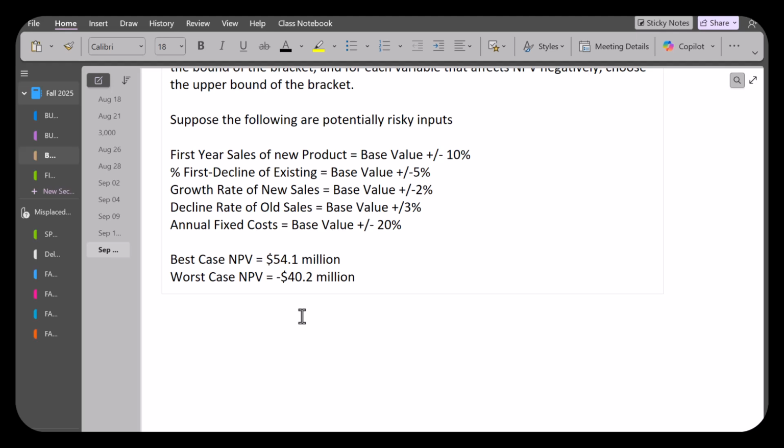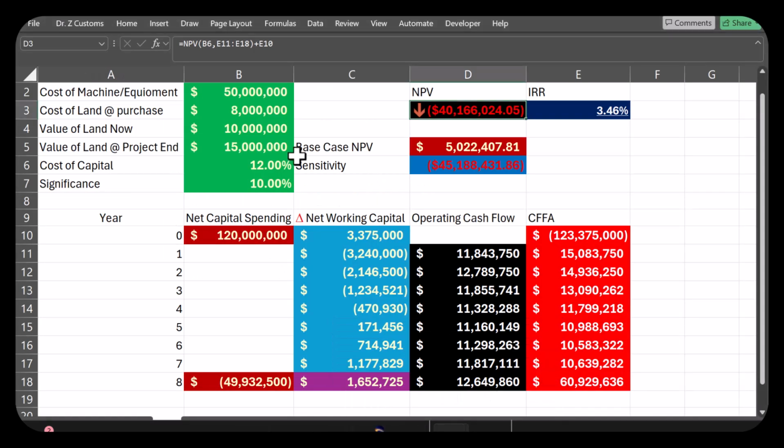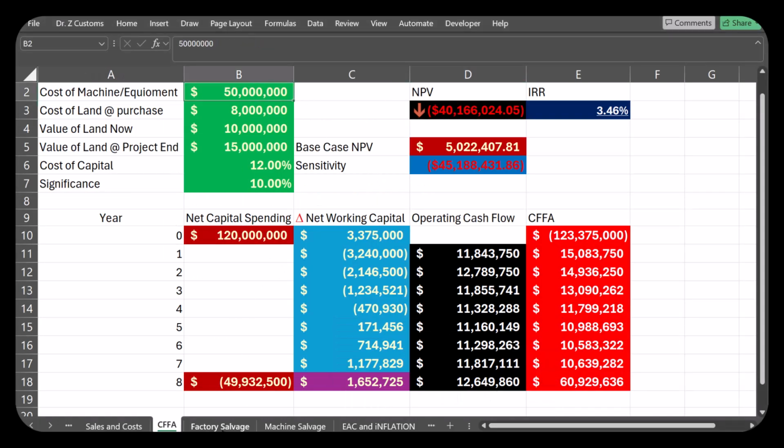This kind of also gets me to our next topic. Just because you accepted a project does not mean that you're not allowed to do anything else once the project is put in place. Let's say we accepted this project. Remember the base case. Oh, the base case is $5 million positive, right?